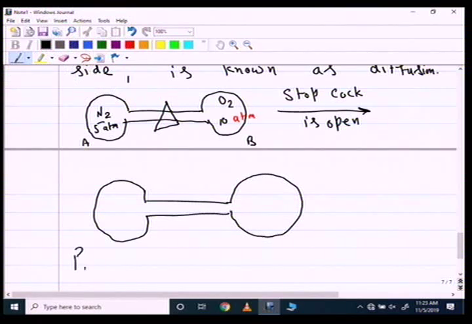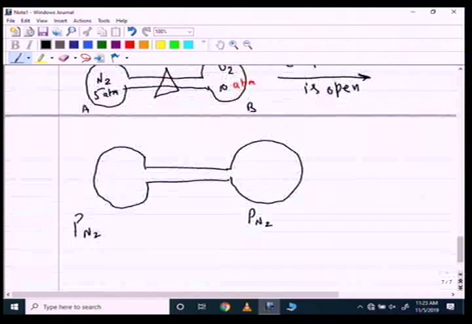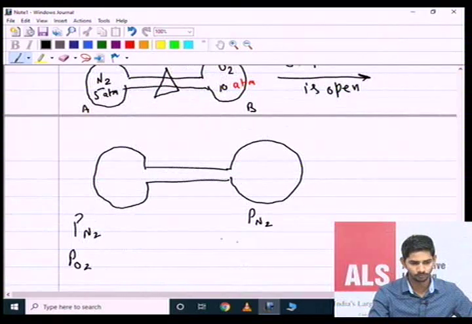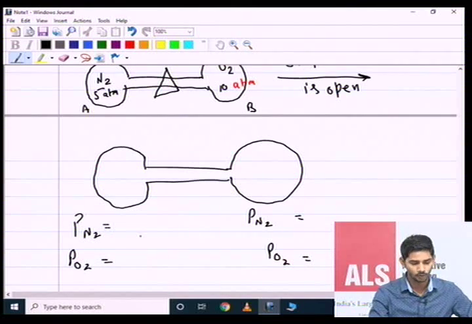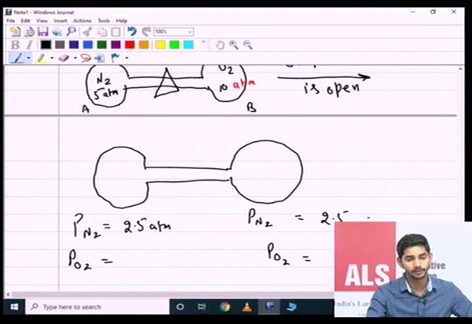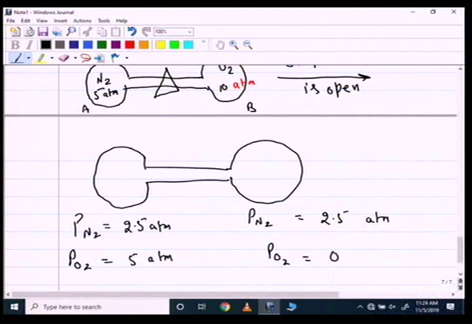The statement says that the pressure should become equal on both sides. So the pressure of N2 on the left hand side will become 2.5 atm, on the right hand side it will be 2.5 atm, which is equal. Whereas for O2, this one will be 5 atm, and this one will also be 5 atm.